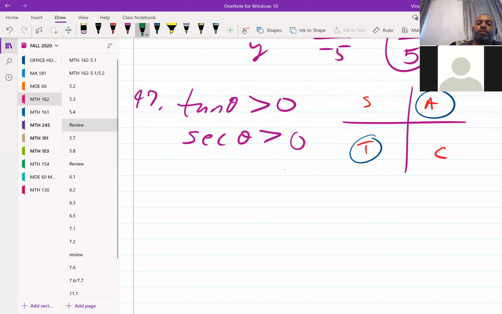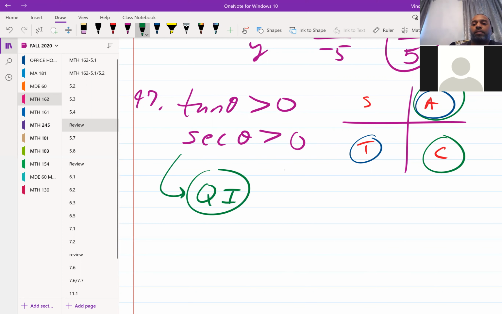When secant is positive, it can only be in this quadrant or this quadrant, because secant is the inverse of cosine. So you see that it has to be the first quadrant where both of them are positive. All right. Questions on that? Make sure you're good. Yep, I'm good. All right.